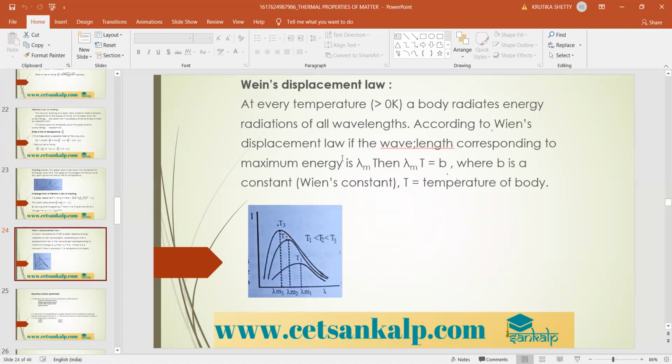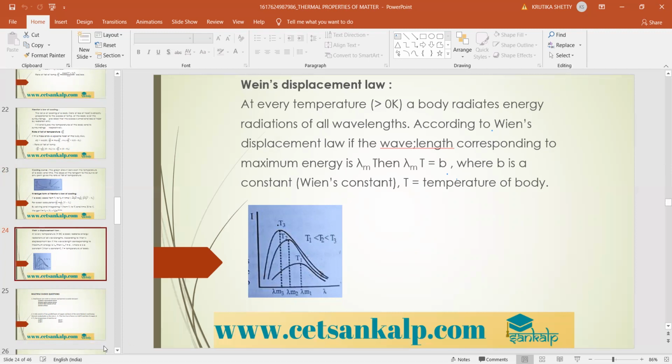The maximum wavelength is inversely proportional to the temperature. So the proportionality constant b is nothing but Wien's constant.